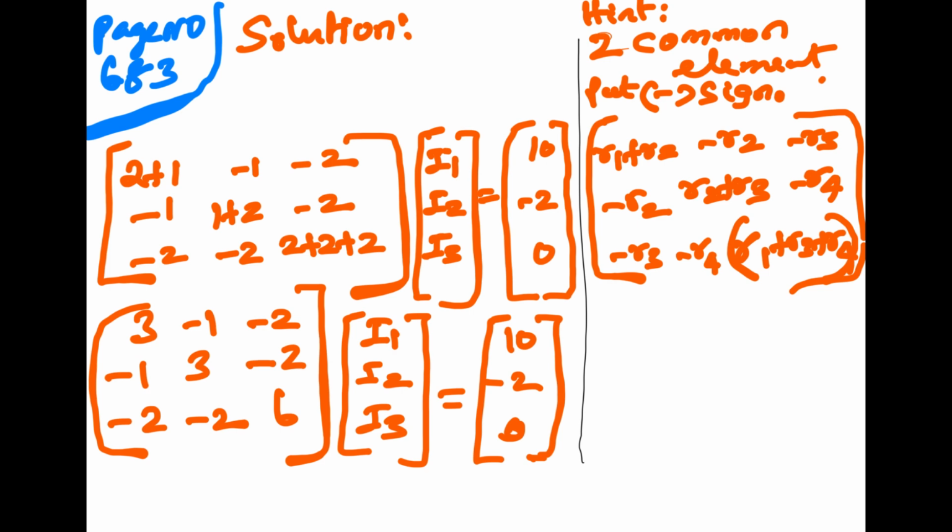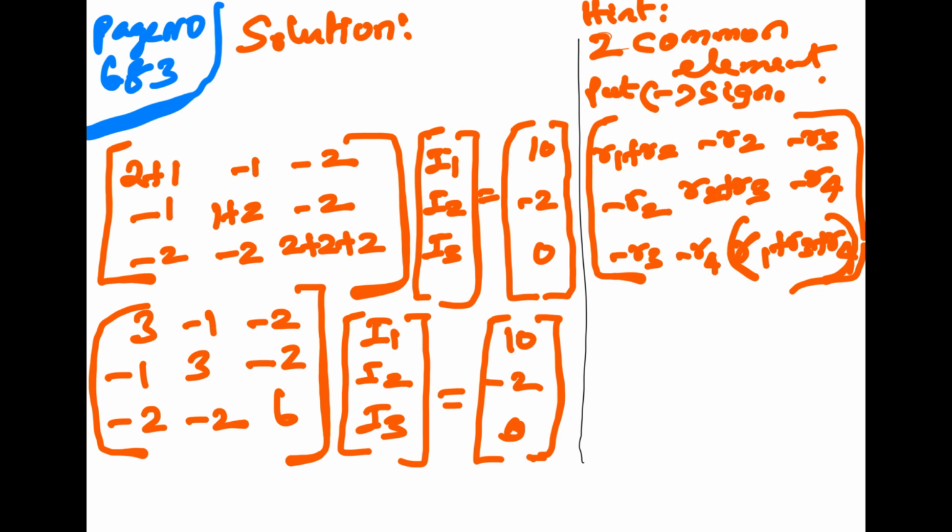We know the formula for three-mesh circuits. A small hint: mesh 1 contains resistances 2 and 1, so 2 plus 1. Meshes 1 and 2 share a common element of 1, so put minus 1. Meshes 1 and 3 share a common element of 2, so minus 2. In the middle of the matrix, mesh 2 contains resistances 1 and 2, so 1 plus 2.